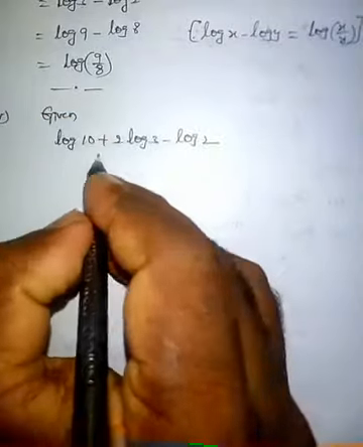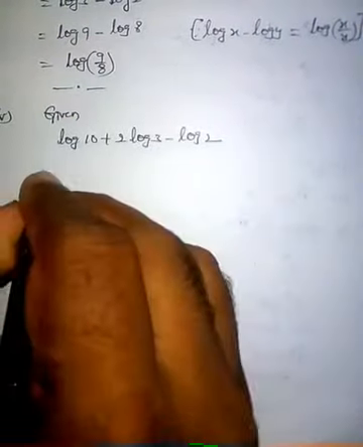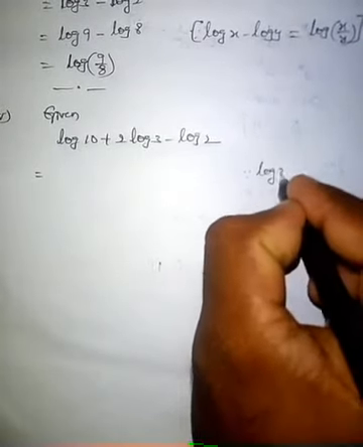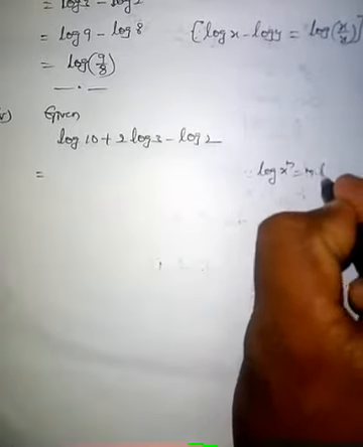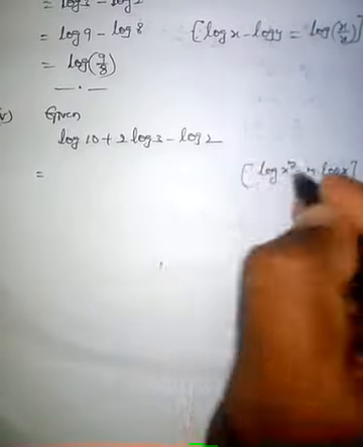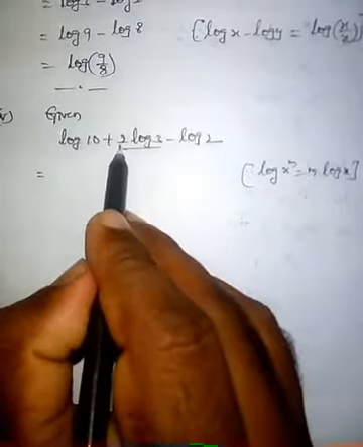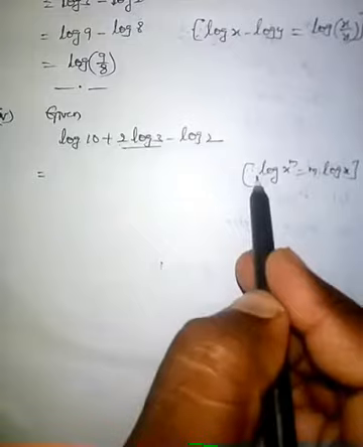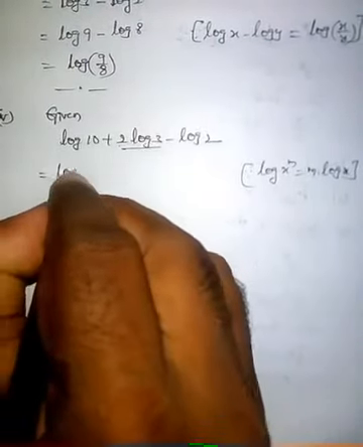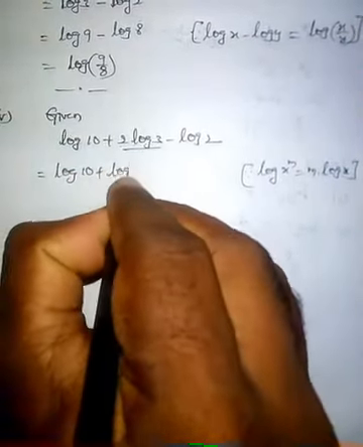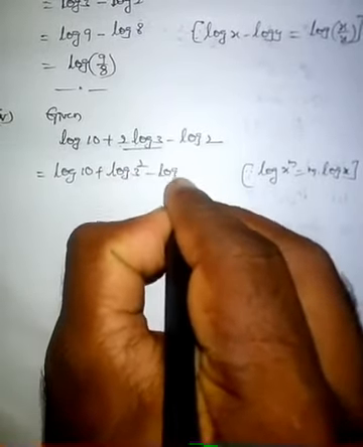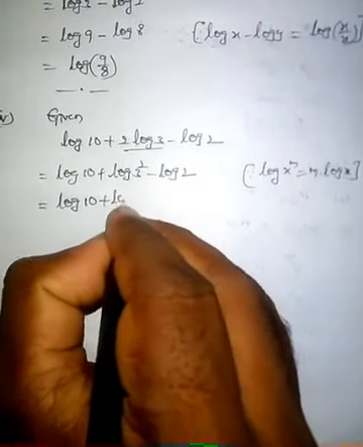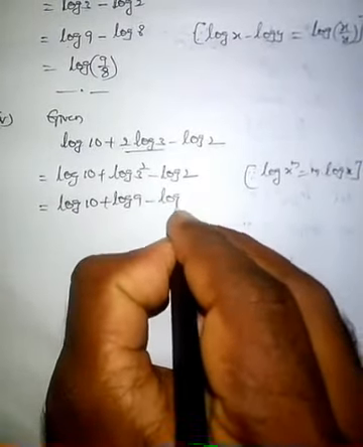You can use the formula log x power m is equal to m into log x, because 2 into log 3 is in the form of m into log x. So in its place you can write log 3 square. Write log 10 as it is, and write log 3 square and minus log 2. Now simplify the value: log 10 plus log 3 square, meaning log 9, minus log 2.